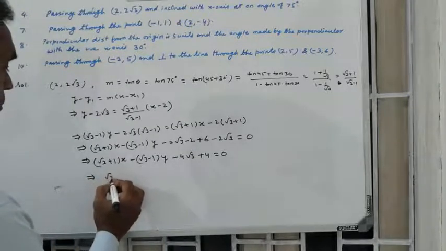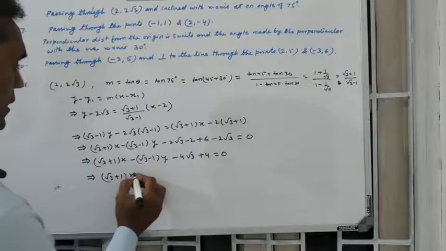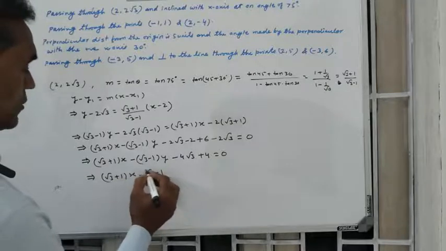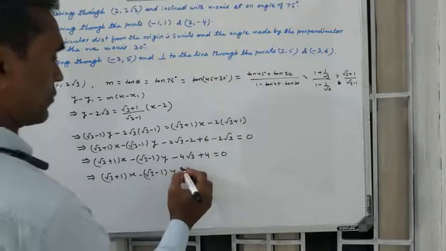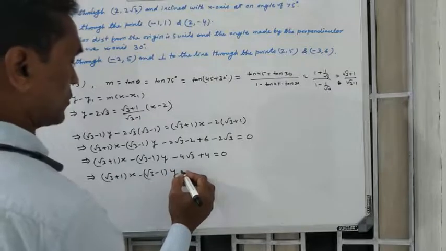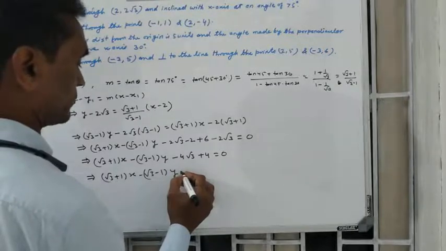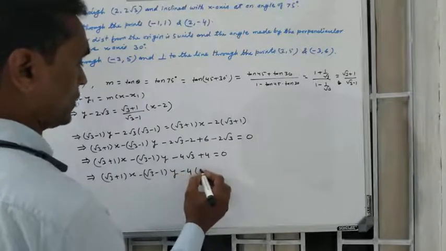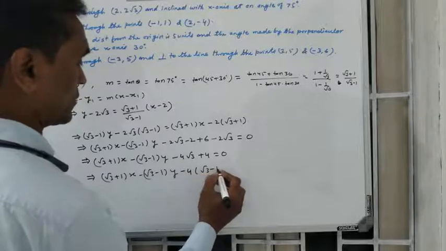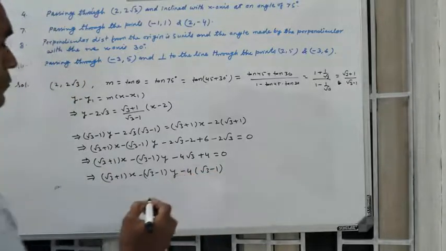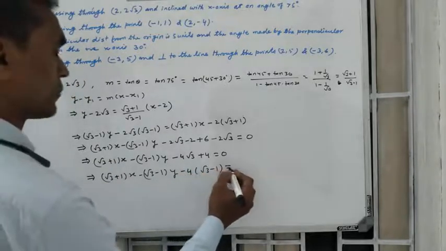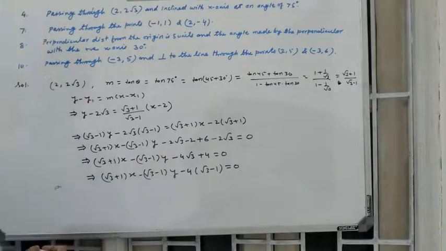So (root 3 plus 1)x minus (root 3 minus 1)y, therefore you can take common. If you take 4 common or minus 4 common, then root 3 minus 1. So this is the required equation under this condition.